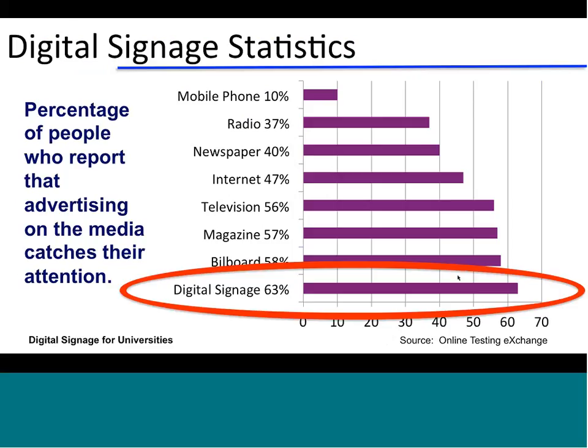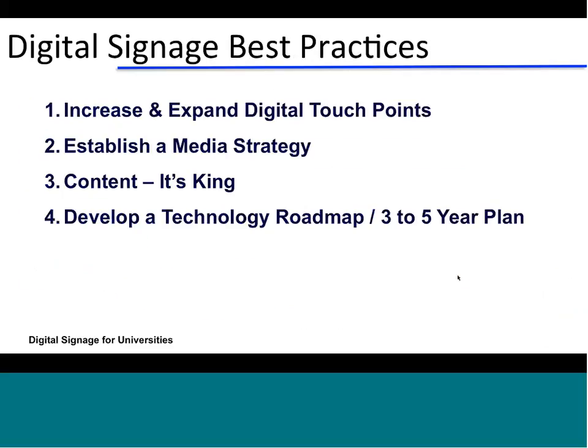For instance, you have the normal broadcast modes and means of radio and television, broadcasting, magazines, billboards. Bottom line of it is digital signage seems to be reaching a good number of people and providing an impact that is very pertinent and relevant to us here today in the enterprise space, enterprise including universities.